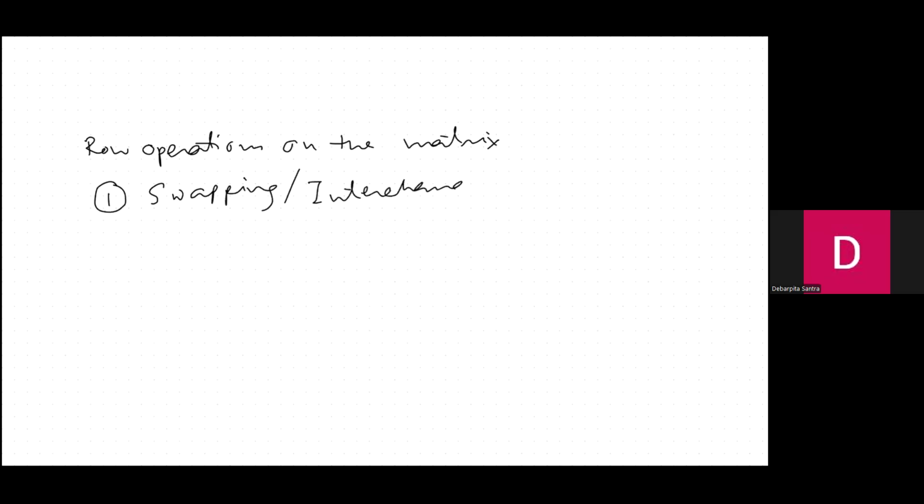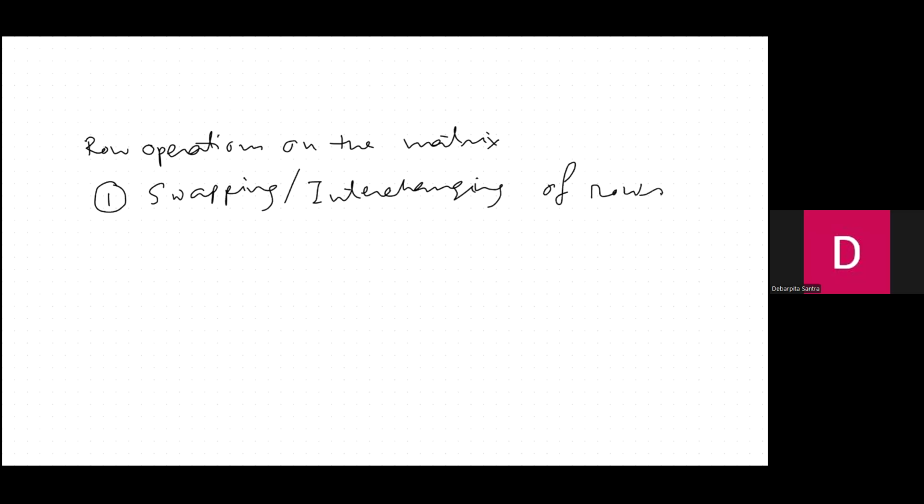Row operations on the matrix. These row operations will be applied on the augmented matrix. The first row operation is called swapping or interchanging of rows. Okay.